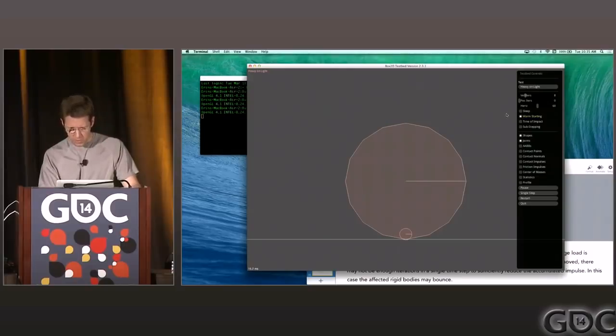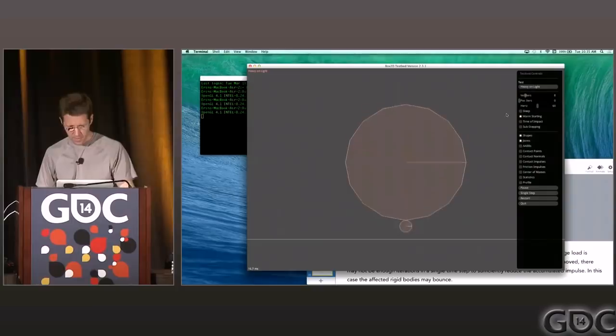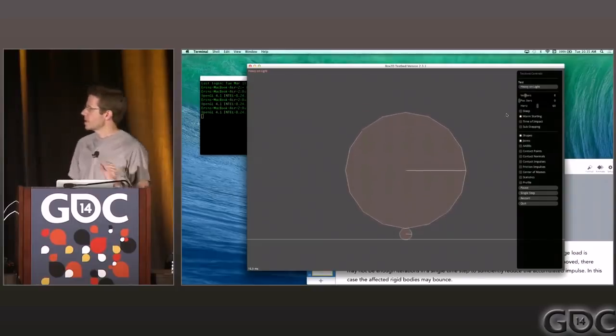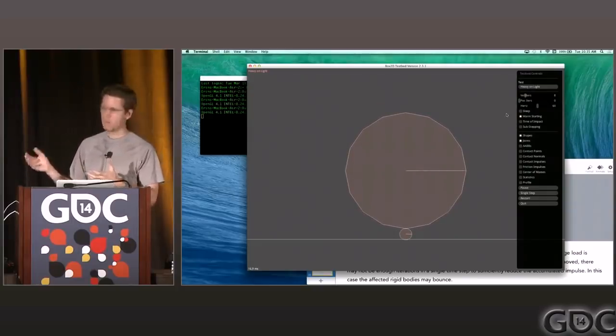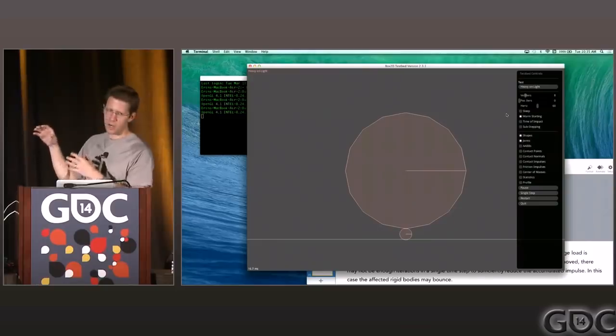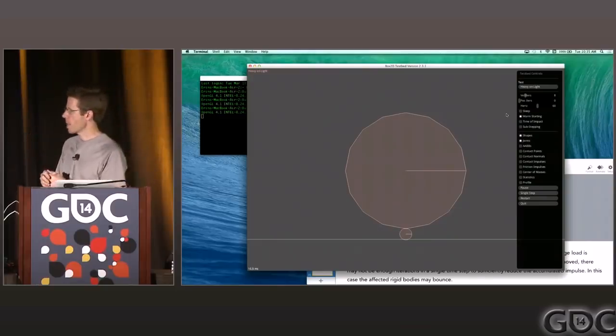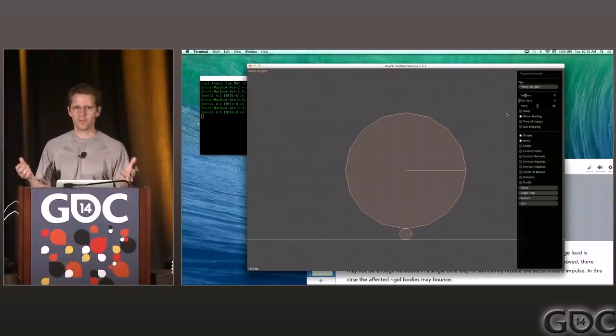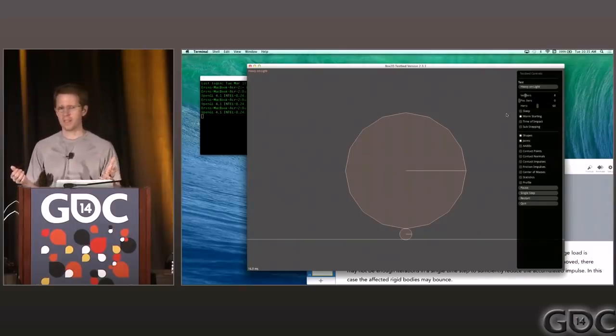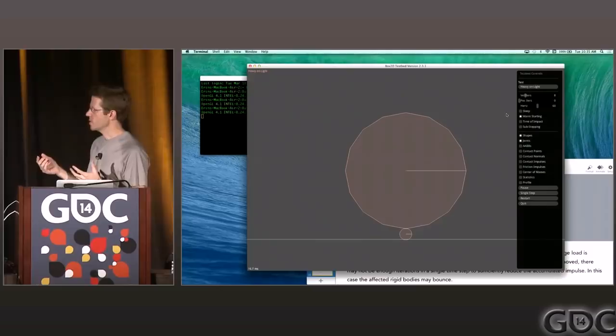Let's turn on warm starting. All right. There's some bouncing there, but I do get proper support eventually. The reason for the bouncing, we were just talking about this yesterday, and I kind of figured it out.